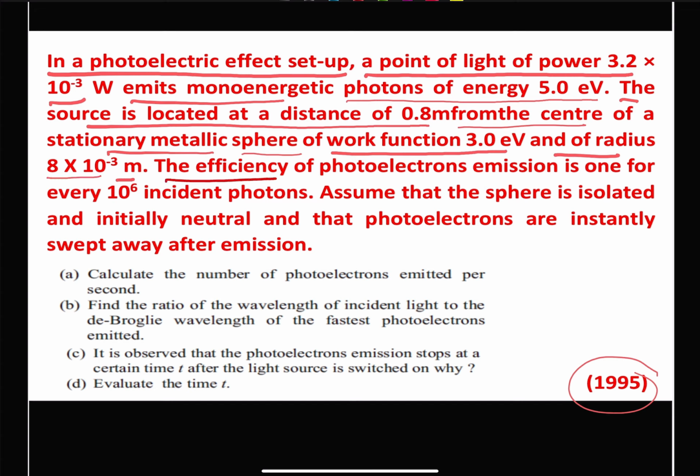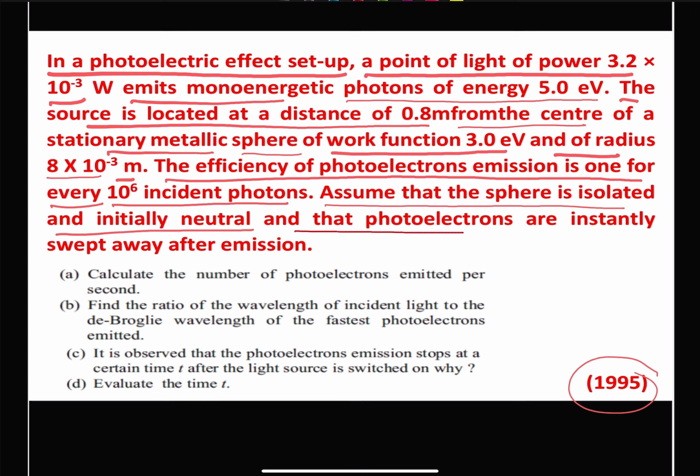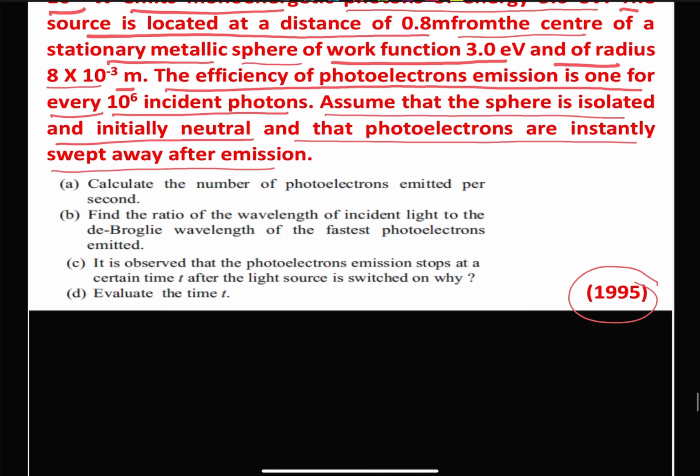The efficiency of photoelectron emission is 1 for every 10 to the power 6 incident photons. Assume that the sphere is isolated and initially neutral, and that photoelectrons are instantly swept away after emission. So based on this, we have 4 questions. Part A, calculate the number of photoelectrons emitted per second.